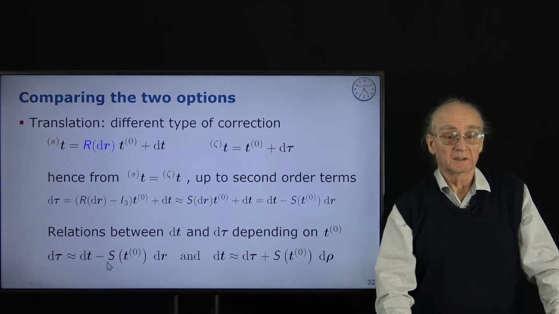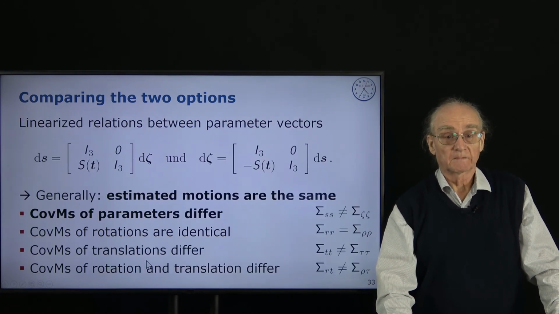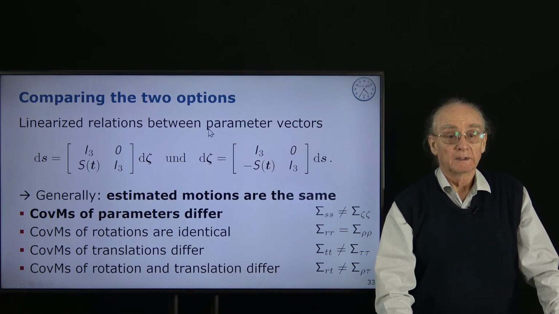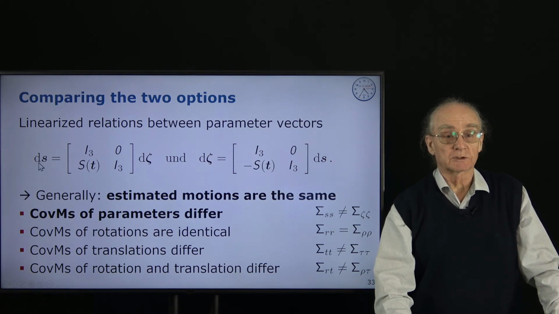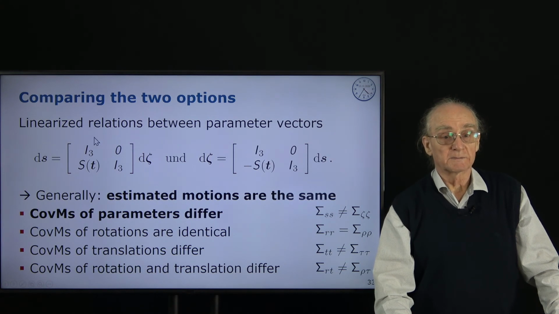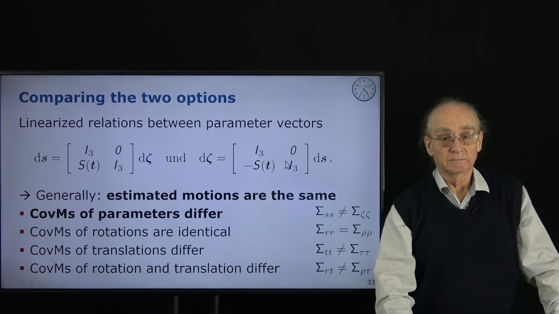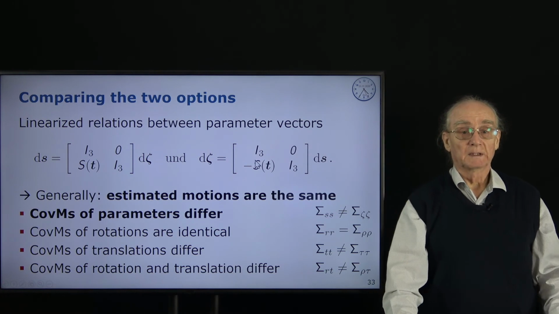So they are linked together. We can put this into a compact form. So we have linearized relations between the two parameter vectors. So we have here ds, which is dr dt, is the same as d rho d tau multiplied with this matrix. And that's the other way around.